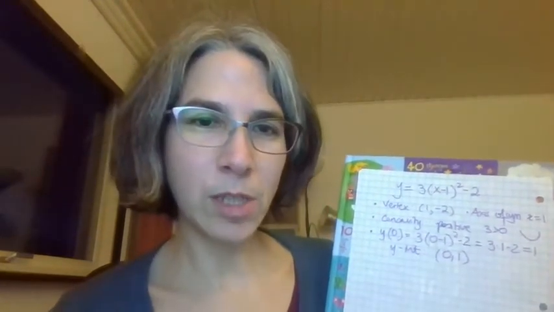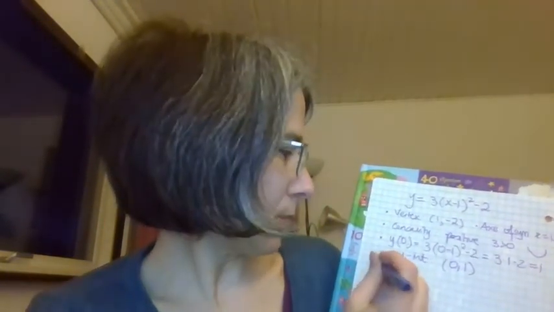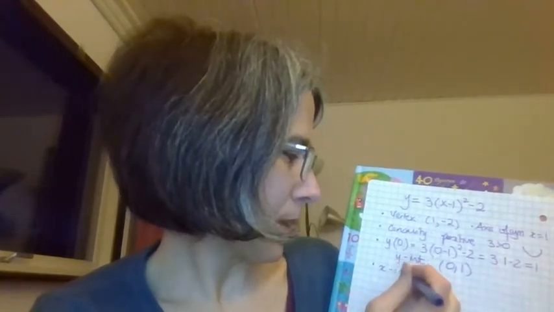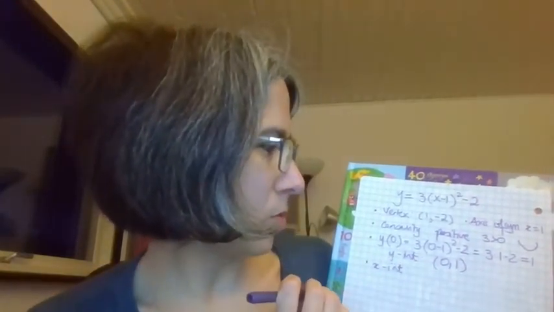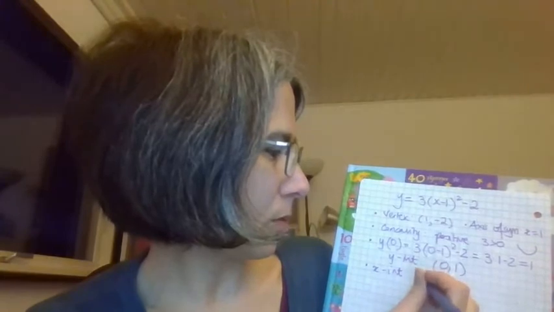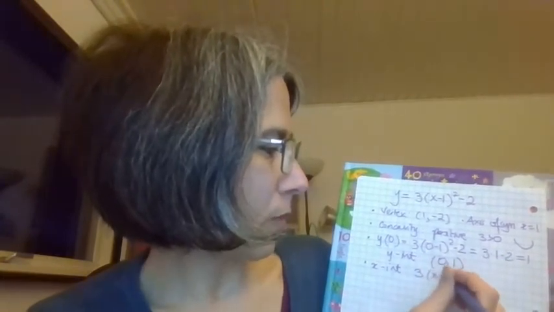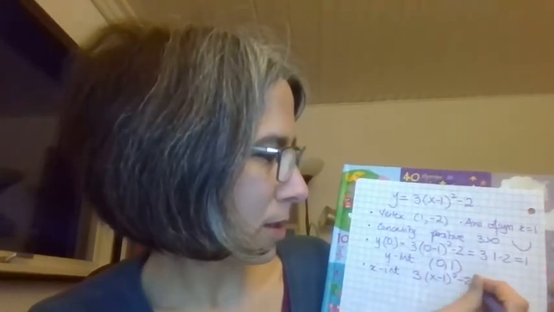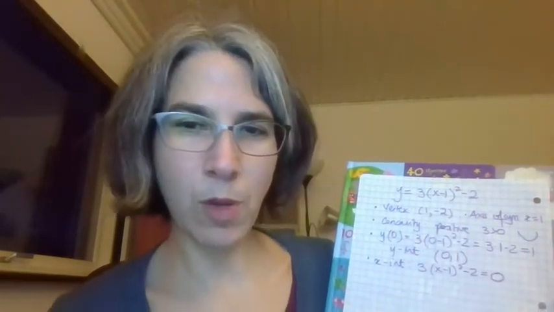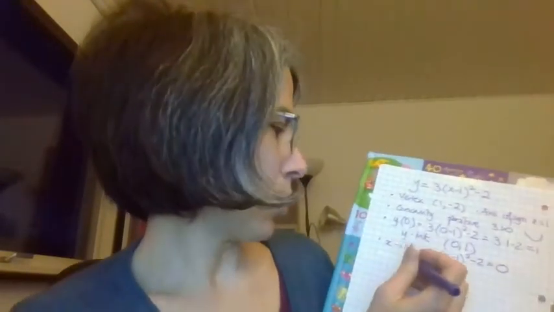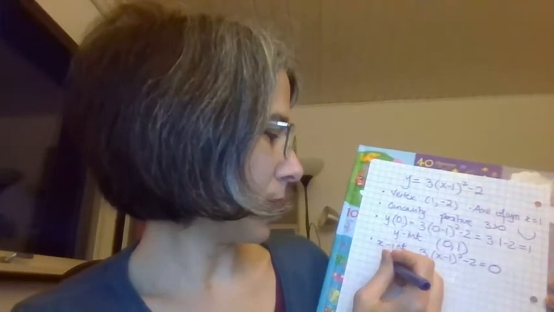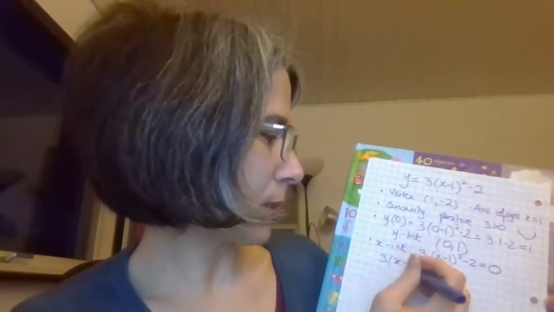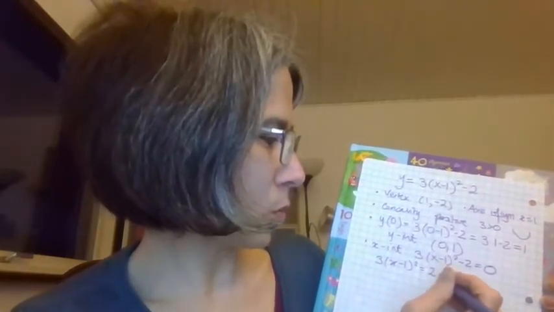Now we're going to find the x-intercepts, if there are any. And those are going to be the values of x that make the function equal to 0. So I need to solve for x, so I'm going to say that 3 times x minus 1 squared is equal to 2.